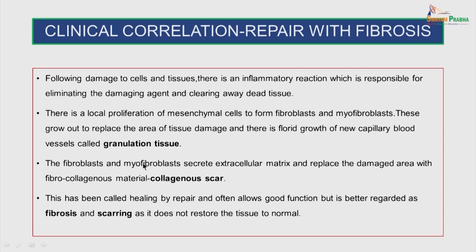The fibroblasts and myofibroblasts secrete extracellular matrix and replace the damaged area with fibrocollagenous material, the collagenous scar. This has been called healing by repair and often allows good function, but is better regarded as fibrosis and scarring, as it does not restore the tissue to normal.